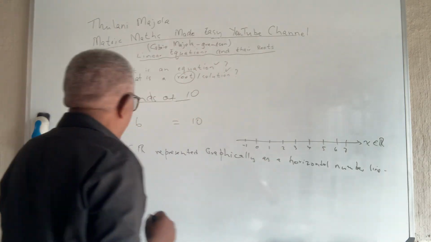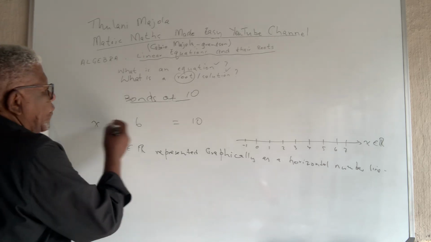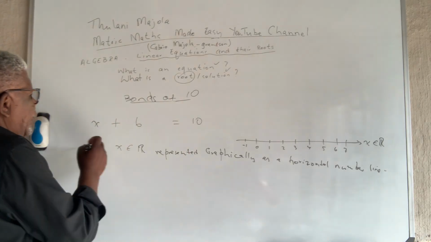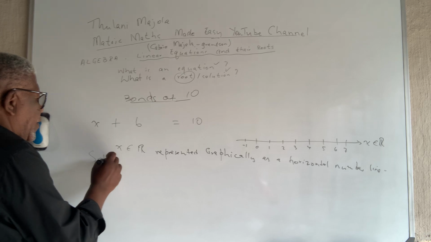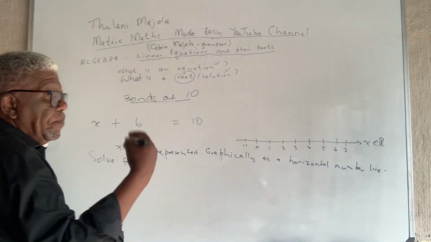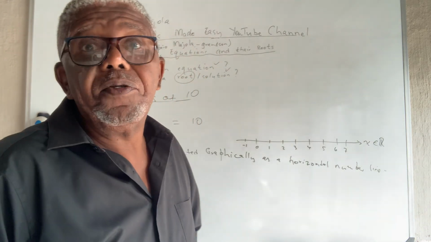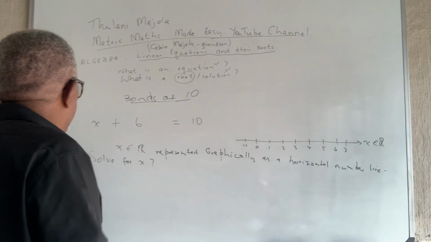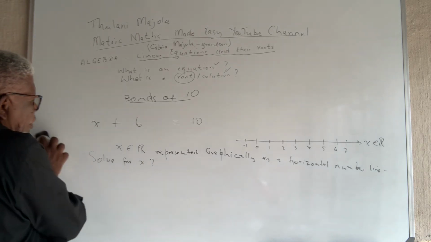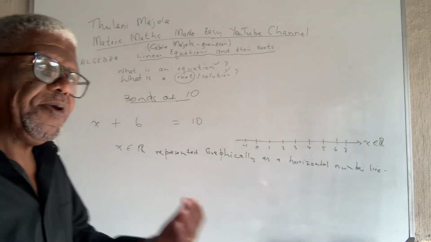Now the problem is we say solve for x. Once we say solve for x, most people go blank because they do not know what you are talking about. So instead of asking the question like solve for x, we go back to the basics, like when we were doing the bonds.